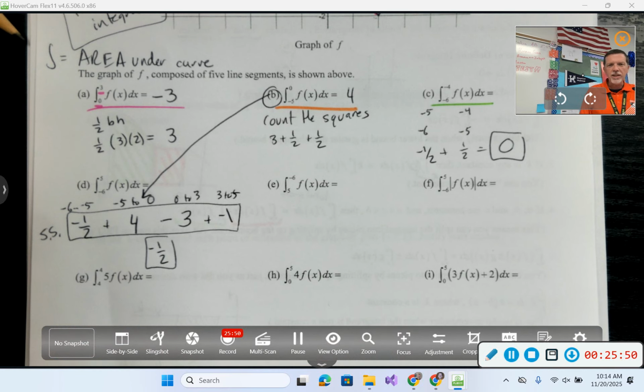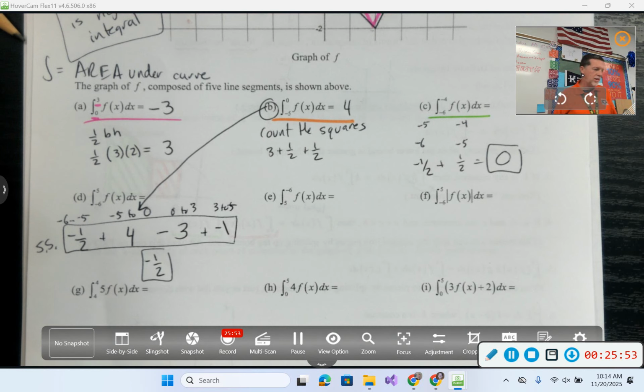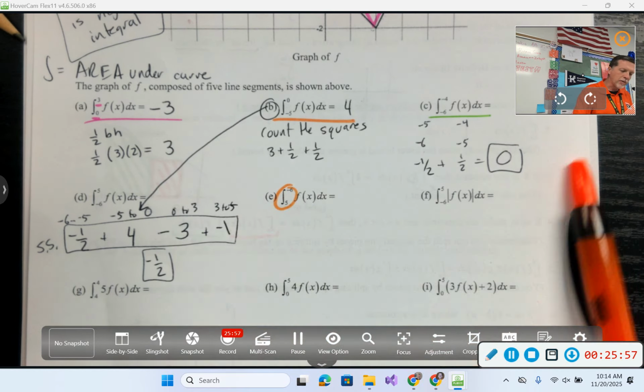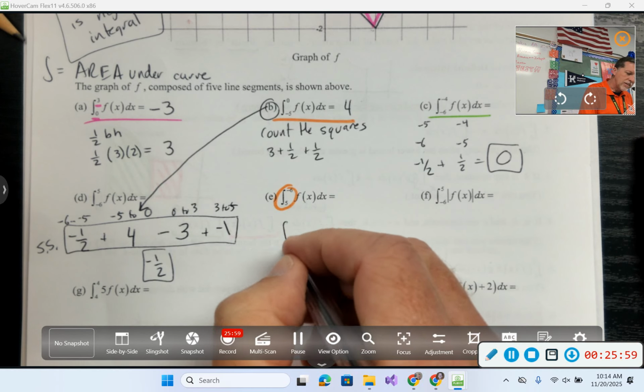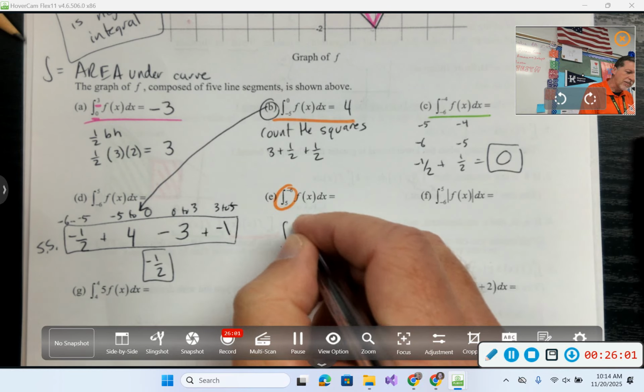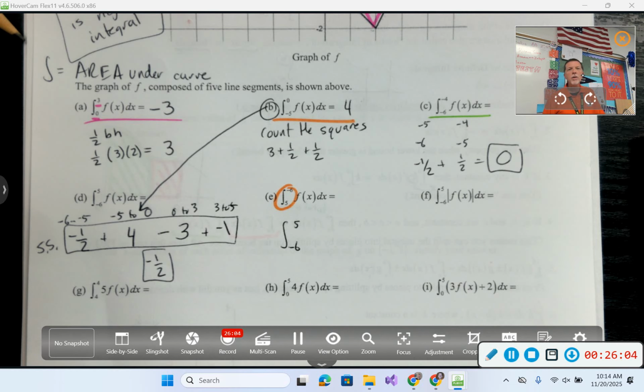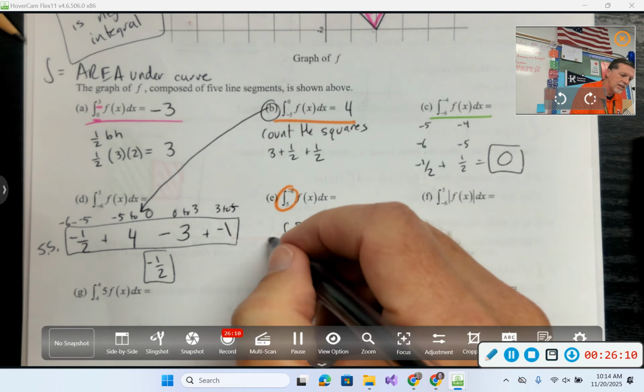Okay, part E, 5 to negative 6. What is weird about this thing? It's backwards. I don't like backwards. So I would like to go from negative 6 to 5. I would like to make that swap. What price do I pay if I want to swap the limits? Make it negative.